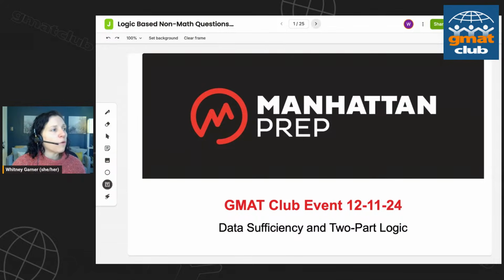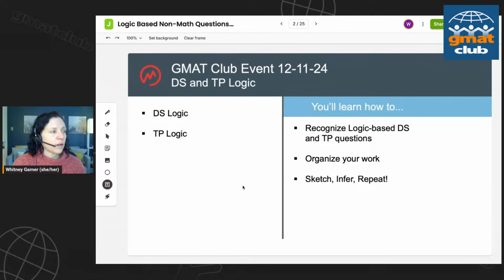My goal for us today is to focus on the Data Insights section and look at two specific question types. We're going to look at data sufficiency, and we'll look at the world of two-part questions. Both of these are part of what's known as the Data Insights section of the test.